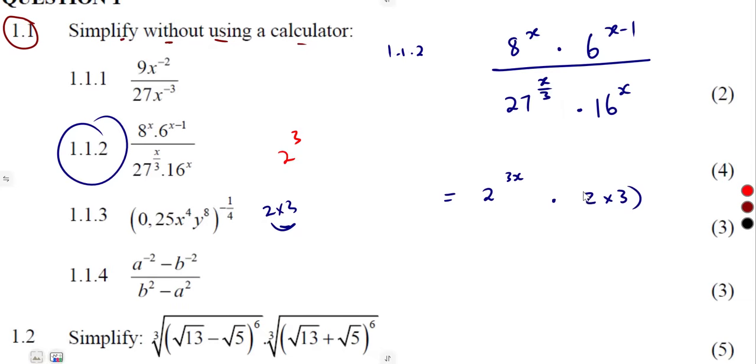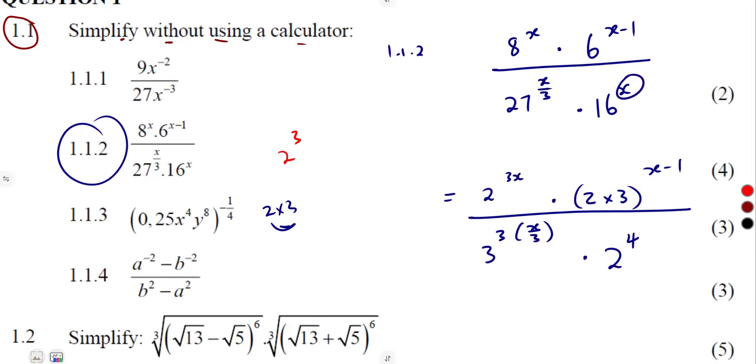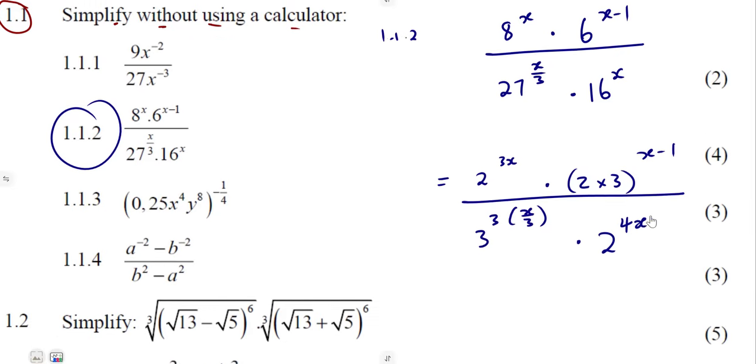So that's 2 times 3 to the exponent of x minus 1, everything over 27, which is 3 to the exponent of 3, but raised to the exponent of x over 3, times 16, that's 2 to the exponent of 4, raised to the exponent x that was already there. So you just multiply those exponents. So that is what we were going to have at the end.